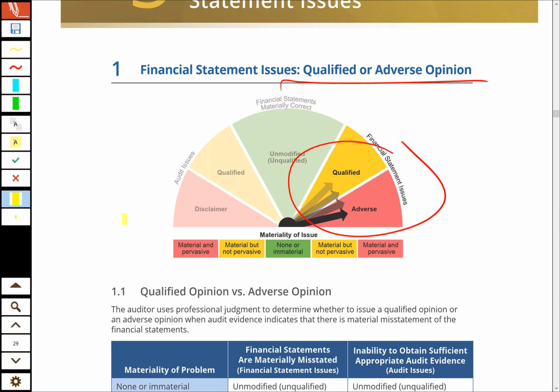We go from unmodified to qualified to adverse. If it's a public company, we go from unqualified to qualified to adverse. And if it's a GAAS problem for a non-public company, unmodified to qualified to disclaimer. If it's a public company, from unqualified to qualified to disclaimer.